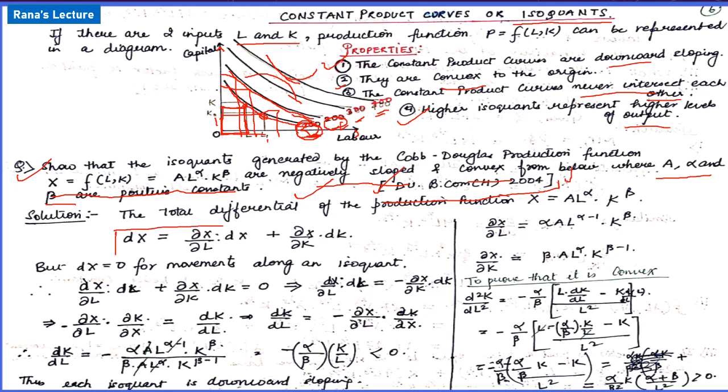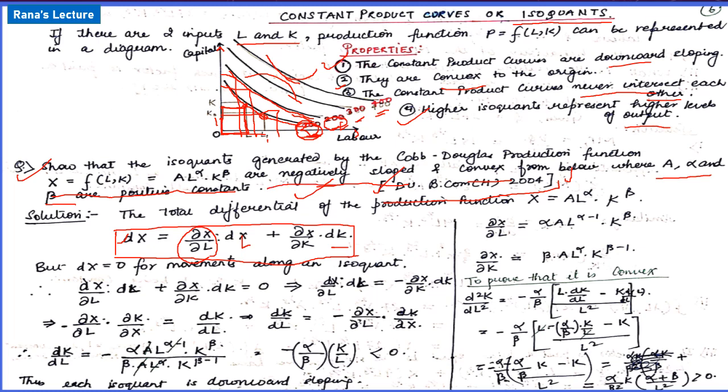You know this is the equation of total differential: dx is equal to delta x by delta L into dL plus delta x by delta K into dK.